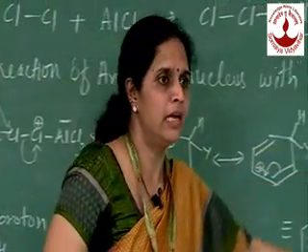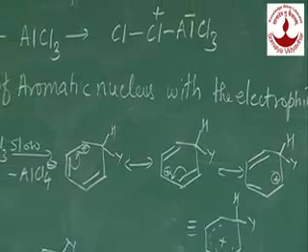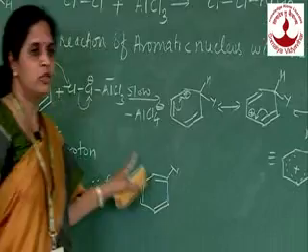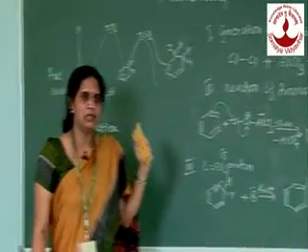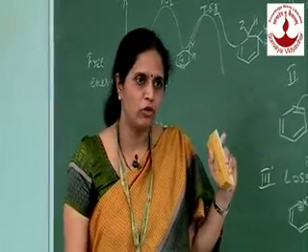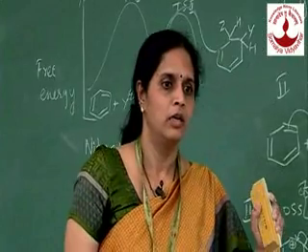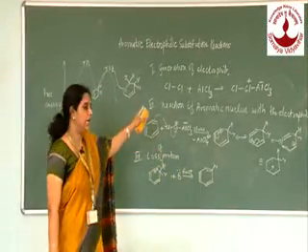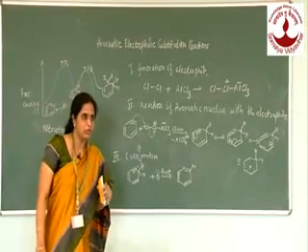The rest of the reaction mechanism remains the same and you end up forming chlorobenzene. So in halogenation reaction the generation of electrophile is by using a strong Lewis acid like AlCl3, anhydrous AlCl3. Is that clear to you?